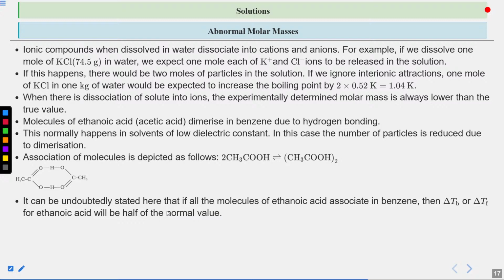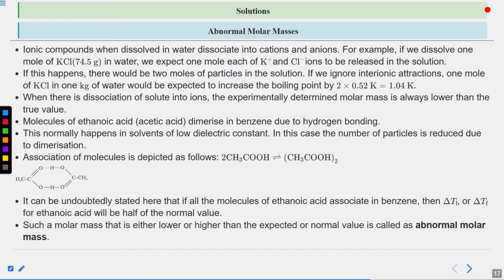Means in the calculation we will get half of the original value, and such a deviation is called the abnormal molar mass. So this was all about the abnormal molar mass in a qualitative manner, but to understand it more efficiently, you must note what is going on.